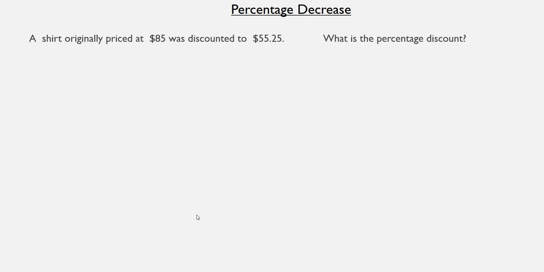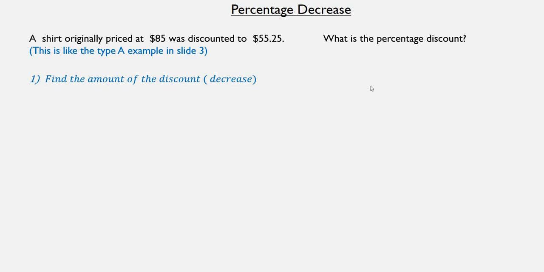Percentage decrease, very similar. So here, I've got a shirt that was originally $85. It was discounted, that's decreased, to $55.25. What is the percentage discount, or what is the percentage decrease? Same again, it's like our type A example, where my answer is a percentage, not a value. I've been given the values, my answer is a percentage.